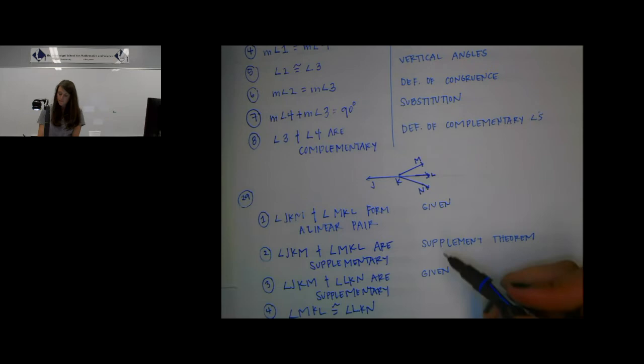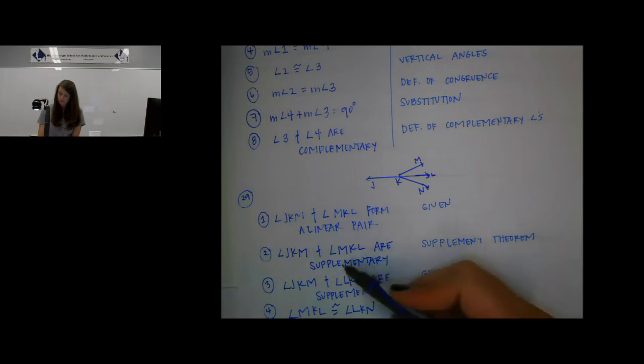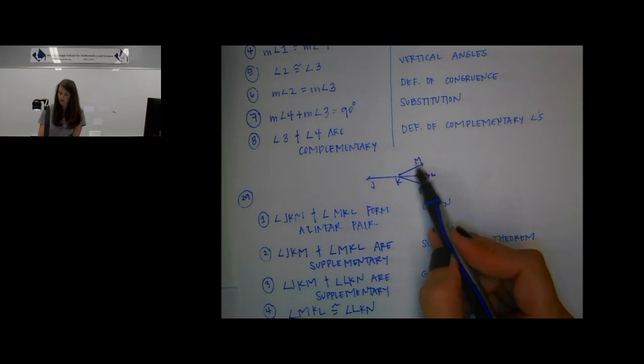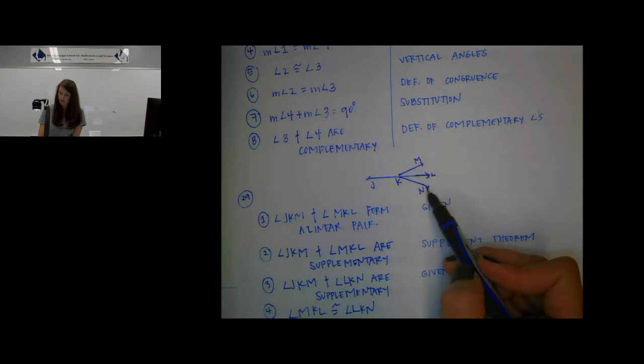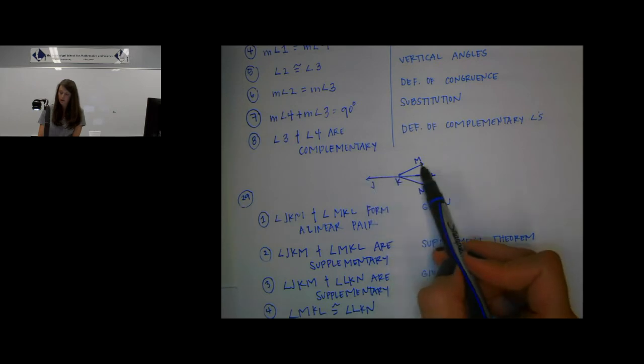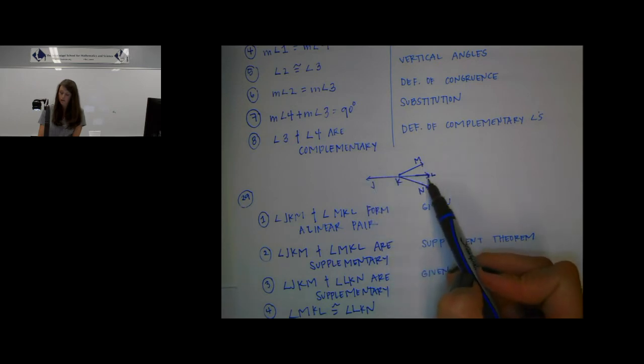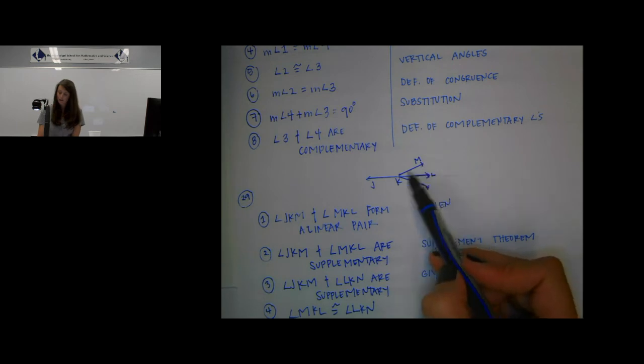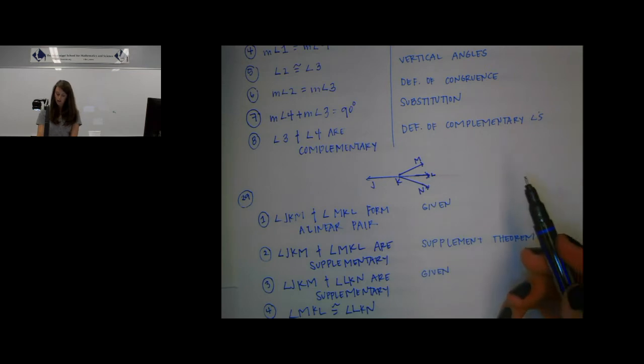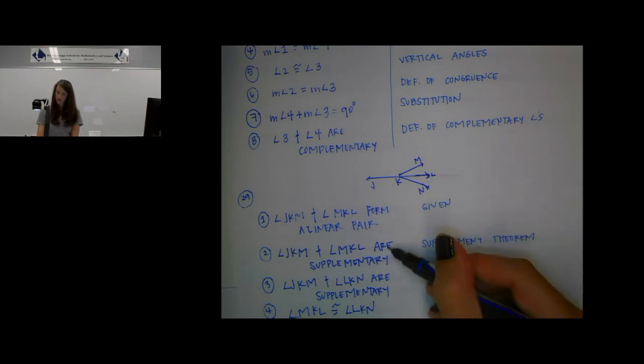So if JKM and MKL are supplementary, and JKM and LKN are supplementary, then that means that MKL and LKN are congruent, because these are congruent supplements.